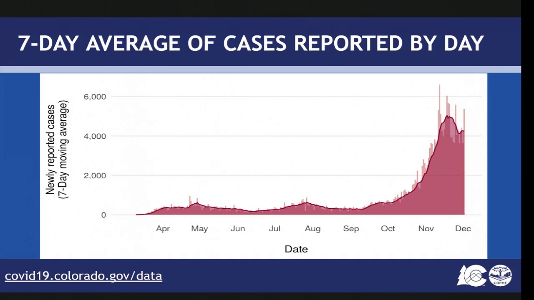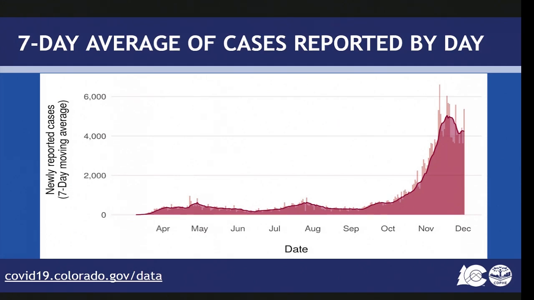We did see a decrease in case counts reported over the holiday weekend, but if you look at the last bar in the figure, which is today's value, you'll see that numbers have come up quite a bit just today. It's difficult to know right now what the next couple of days are going to look like. We'll talk in a couple of minutes about when we might expect to see an increase that could be associated with the Thanksgiving holiday.